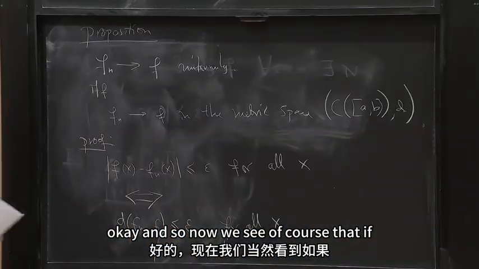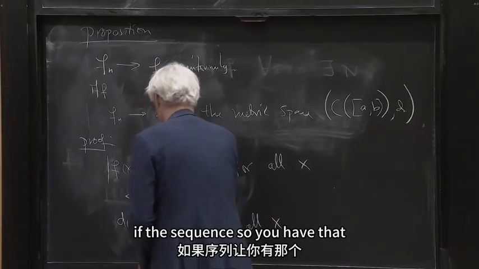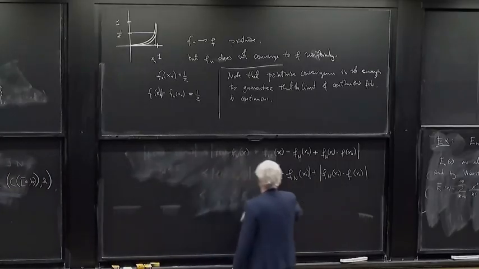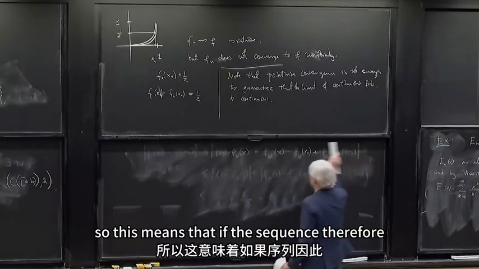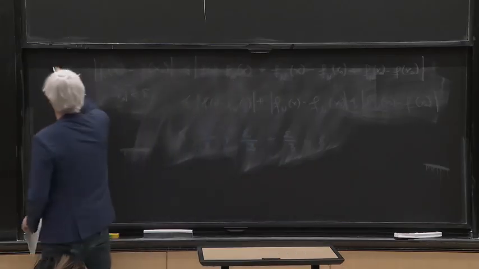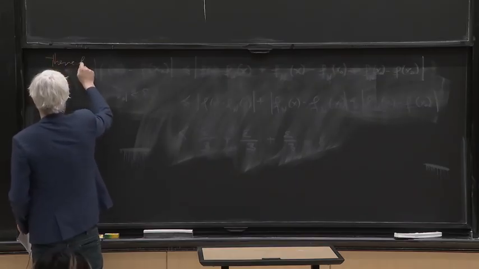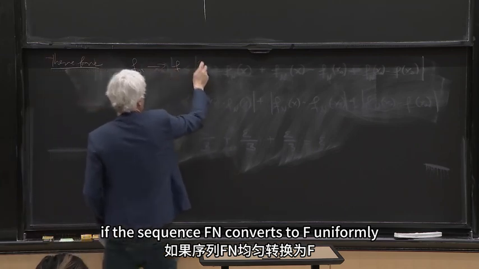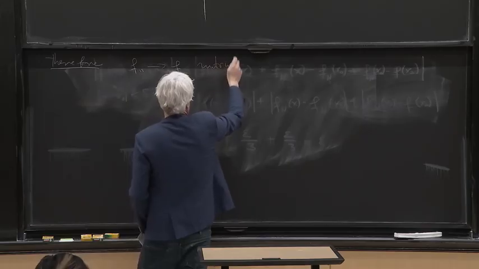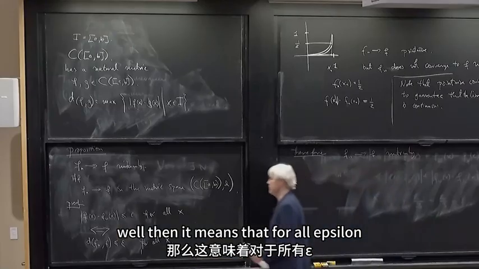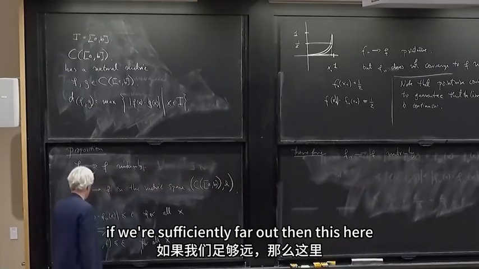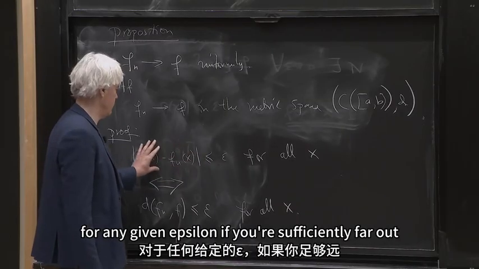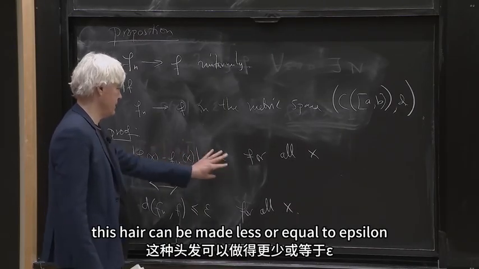Okay, and so now we see, of course, that if the sequence f_n converges to f uniformly, well, then it means that for any given epsilon, if we're sufficiently far out, this can be made less than or equal to epsilon.